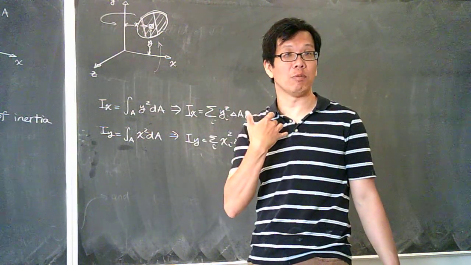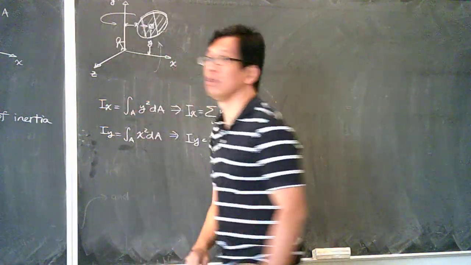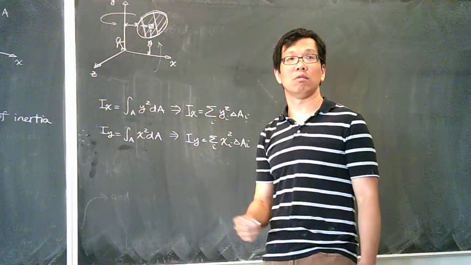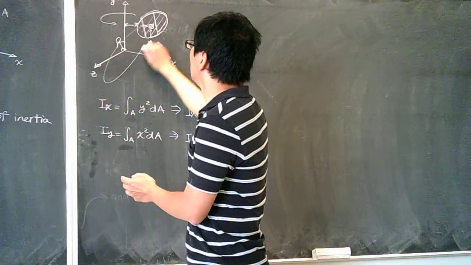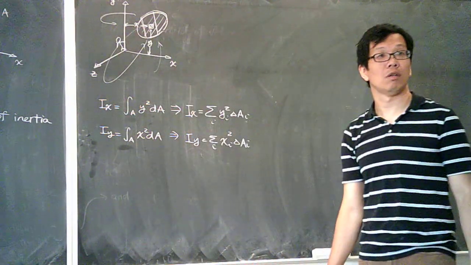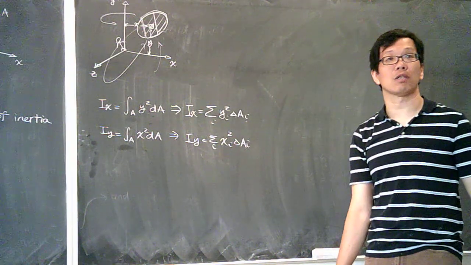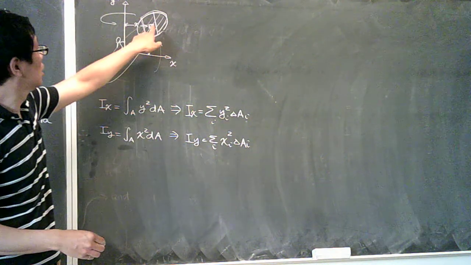Most likely I'm standing at the origin. Do you care what's going on here or here? Probably not. But you do care about something like this. So how do we calculate this? It will be the same, because we are talking about the distance between.